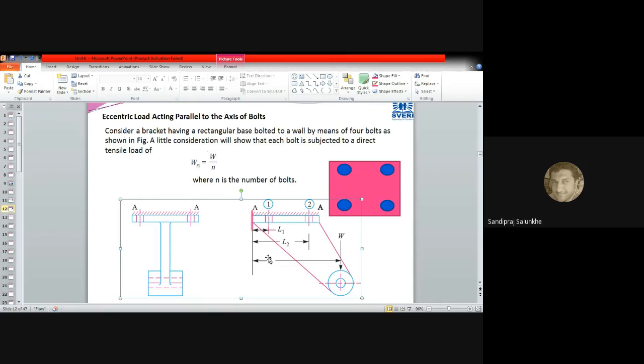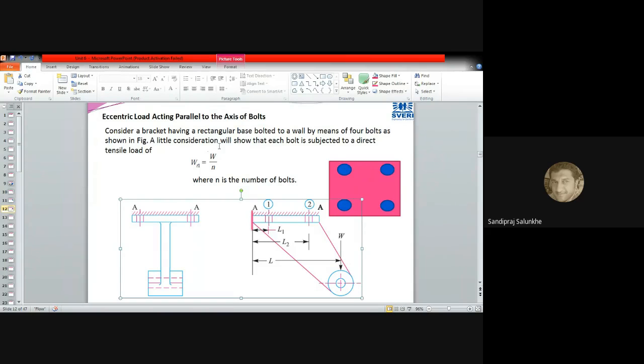That is called the tilting edge. Suppose we consider a bracket having a rectangular base, bolted to a wall by means of four bolts, as shown in the figure.